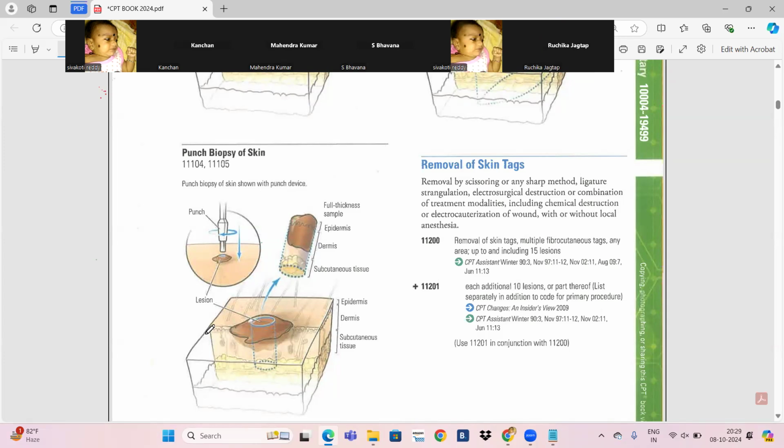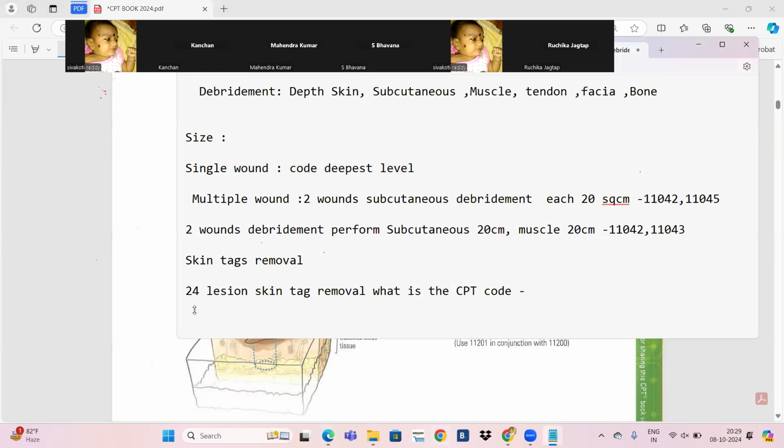But in this case, we are adding 10 lesions, won't it conflict? Tell me one example. Suppose they did 30 lesions. Then what is the primary code? 11200 for up to 15 lesions.